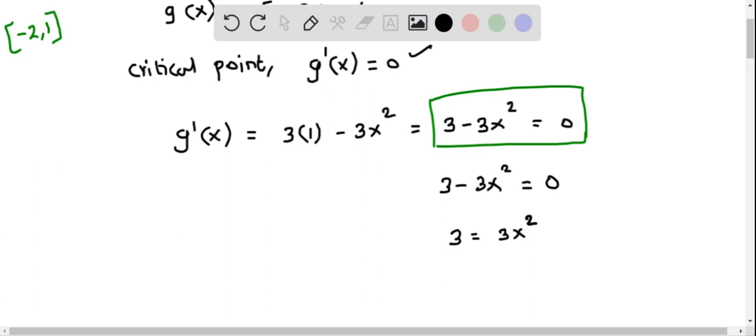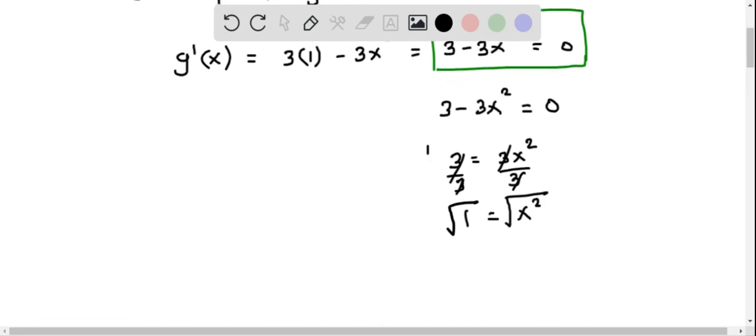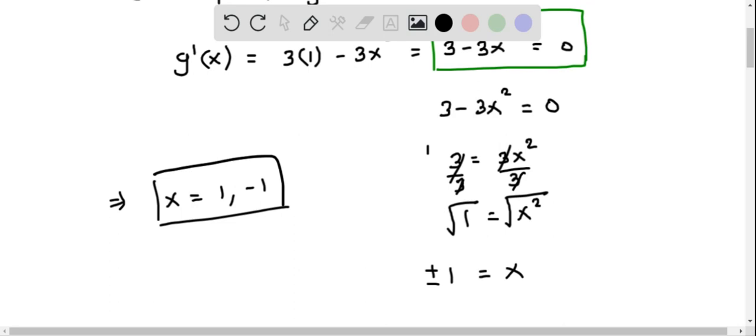Now dividing both sides by 3, we get 1 on the left side, and this equals, on the right side, x squared. And this means we take the square root on both sides so that we can solve for x. So we get plus or minus 1, the square root of 1, equals the square root of x squared, which is x. So we get two values of x, that is x equal to 1 and x equal to negative 1. These are the critical points of the function.